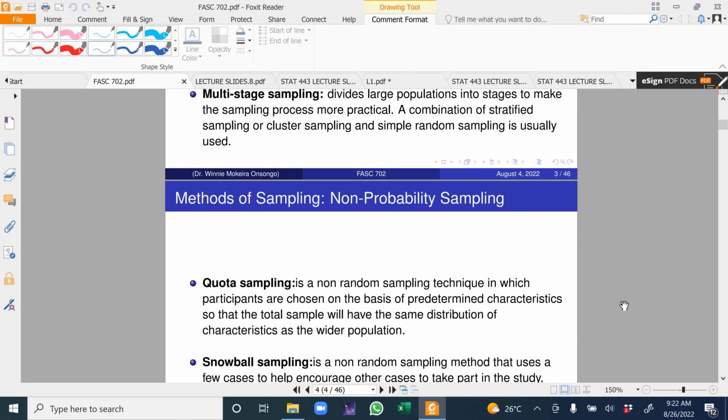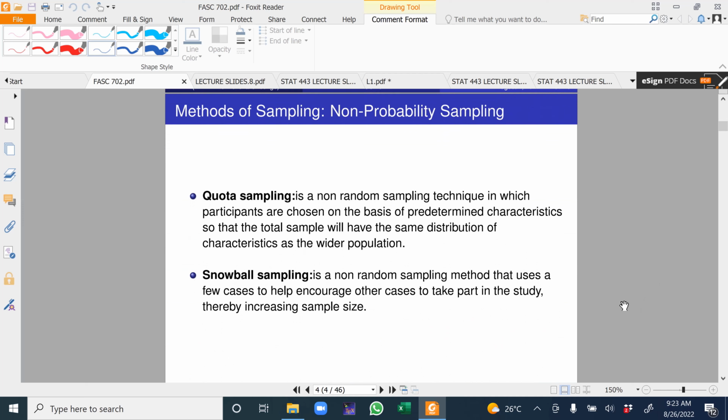Next is non-probability sampling. And like I said, in this non-probability sampling, there is no guiding rule on what should be looked at. There's no strict definition of the structures that you have to follow to identify your sample.